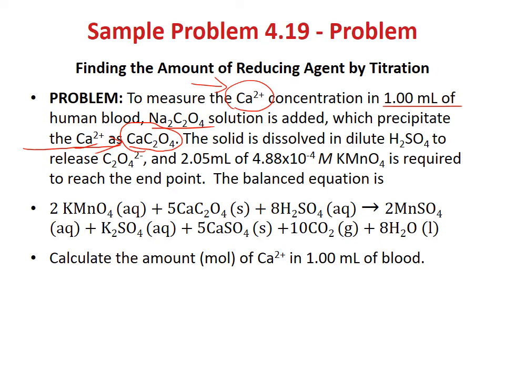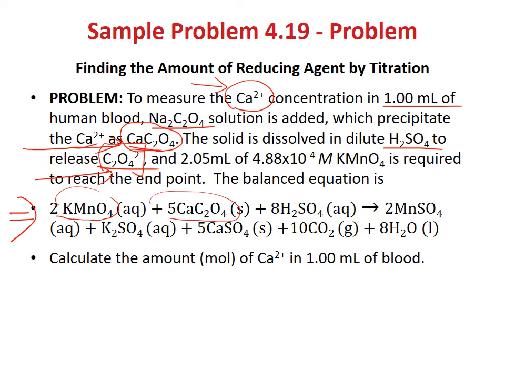To find the amount of calcium oxalate, we dissolve it in dilute sulfuric acid so that it becomes dissociated oxalate anion. The advantage is that this can be measured by titration using this redox reaction, as we showed in the last slide. So potassium permanganate is the oxidizing agent, which will oxidize the oxalate.